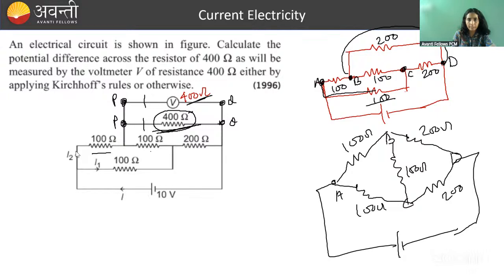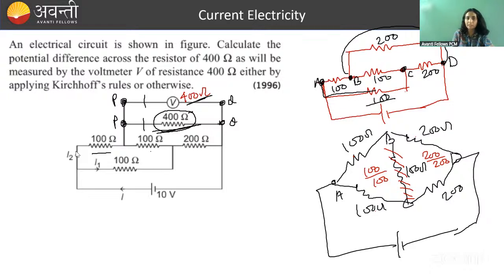It is balanced, right? Because 100 by 100 in this arm is equal to 200 by 200. That is 1, so it is balanced. It means no current will flow in this. So the BC arm will get removed from the circuit. Then 100 and 200 will be in series, 200 plus 100 will become 300.